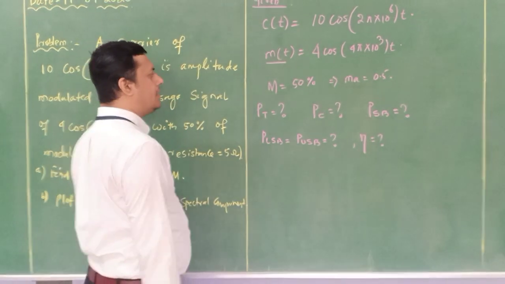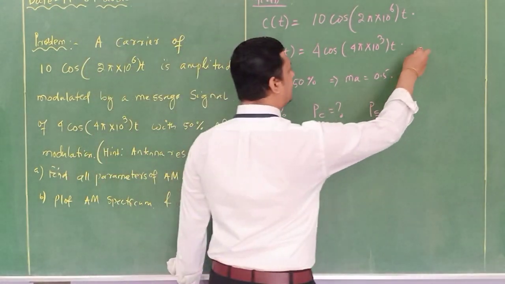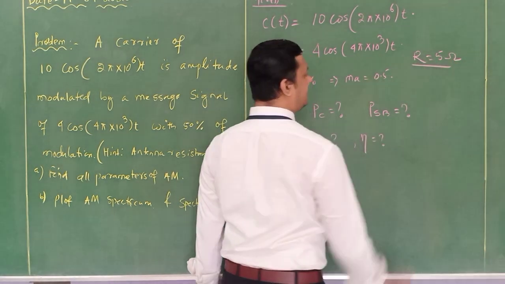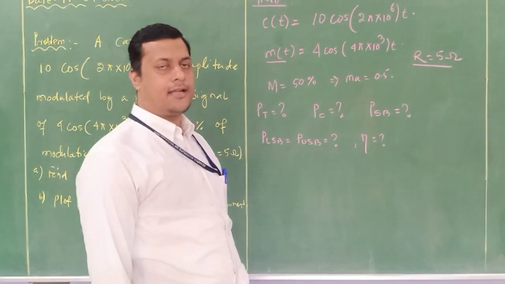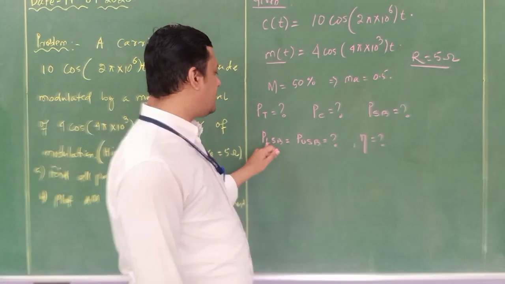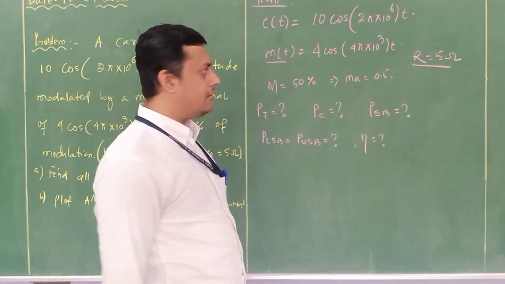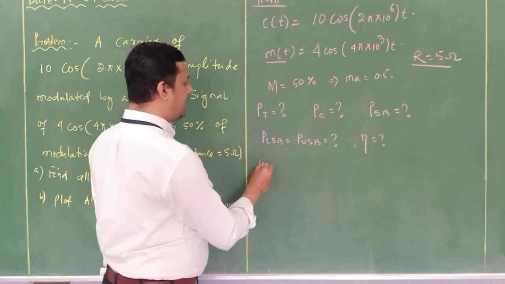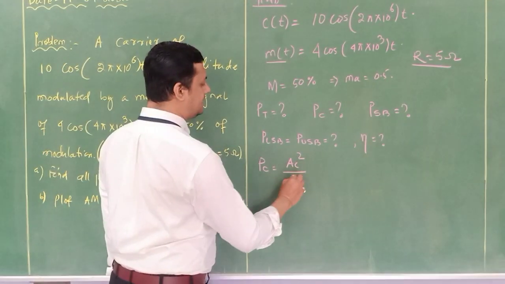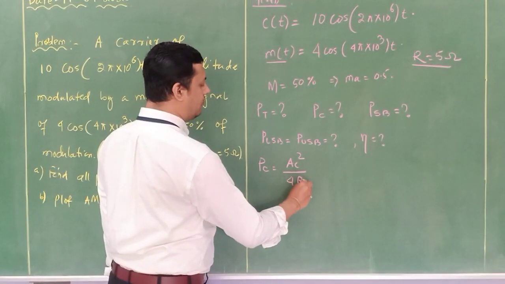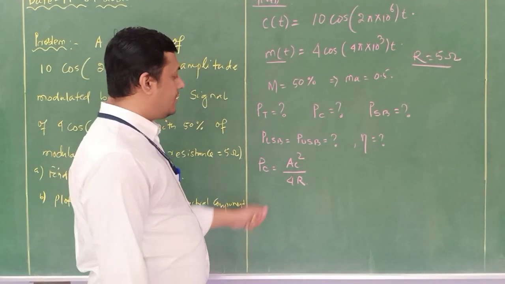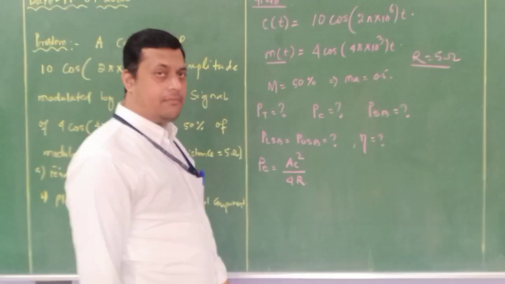First of all, one more important thing, the antenna resistance is given as 5 ohm. This is the most important factor to calculate the carrier power as well as the sideband power. If I want to determine carrier power, we know it is Ac square divided by 4R.